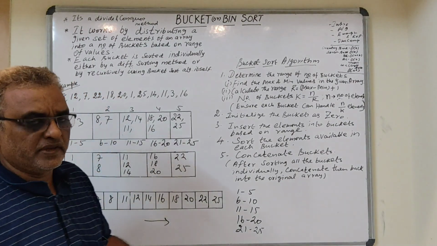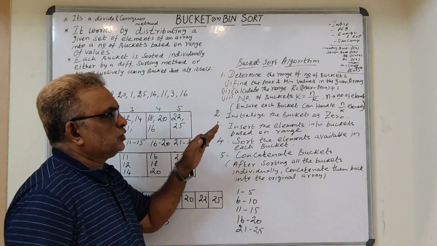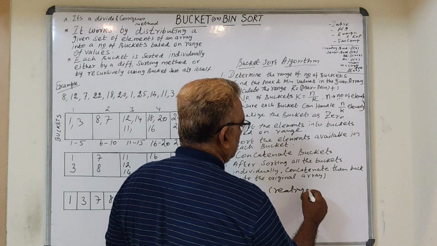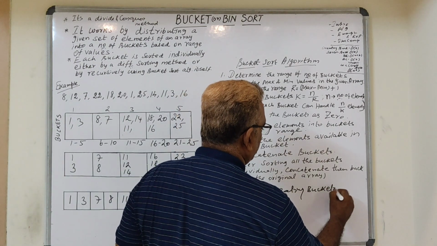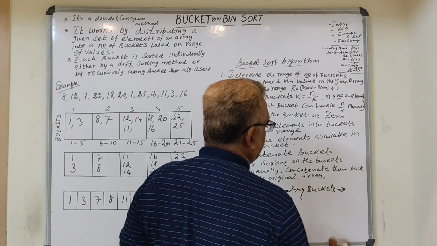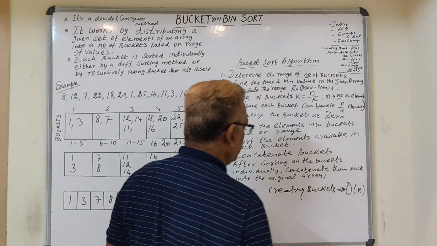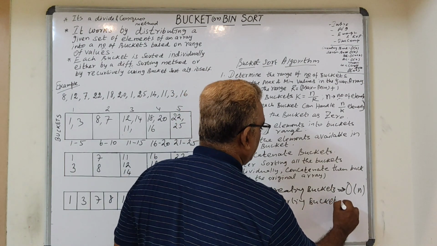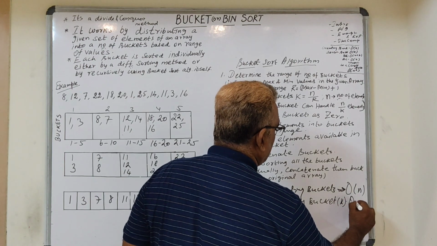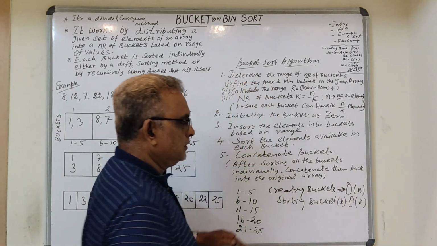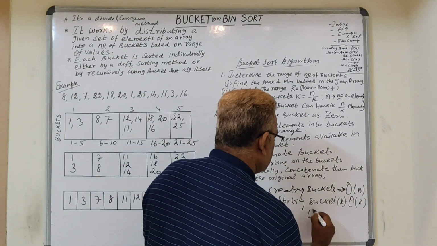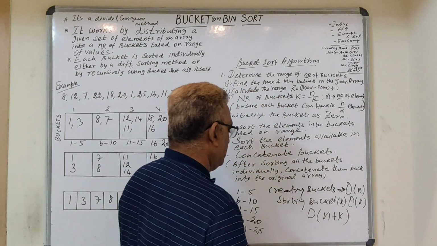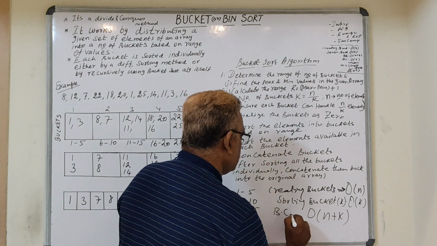As far as time complexity is concerned, what is the amount of time taken for creating the buckets? If you have n elements, it is order of n. Similarly, sorting the buckets, k number of buckets, it is order of k. Combining these two, the best case time complexity is order of n plus k.